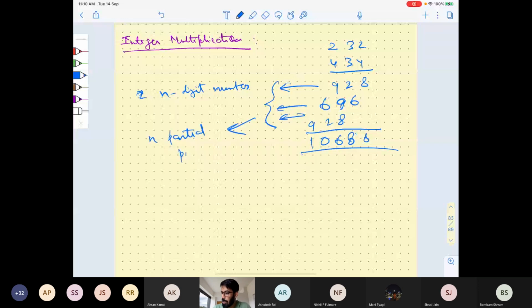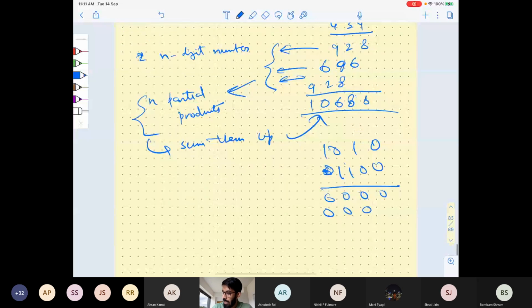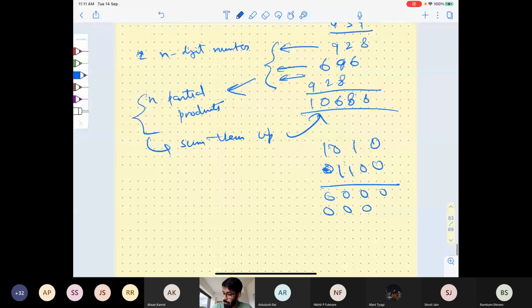So if there are two n-bit numbers, you get n partial products, and then you sum them up to get the result.